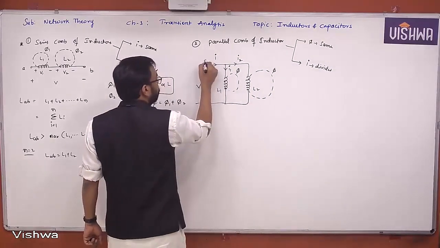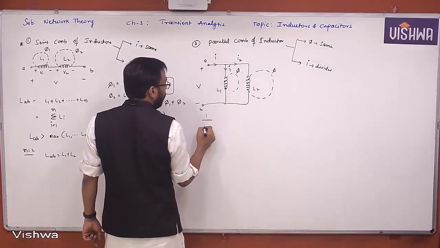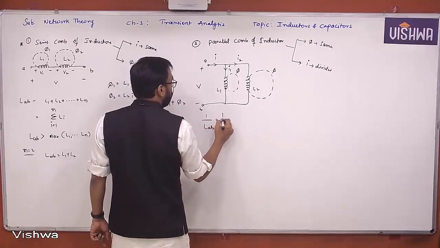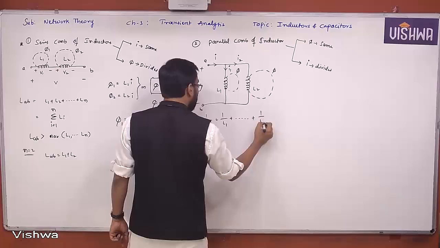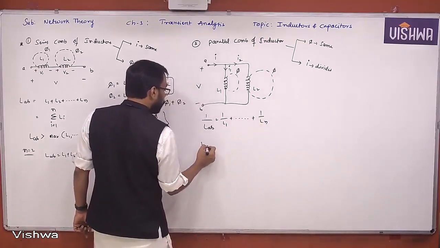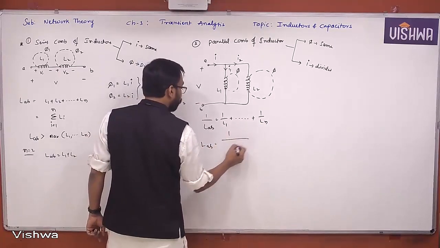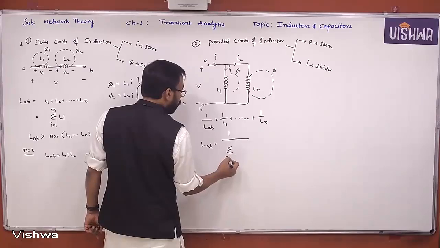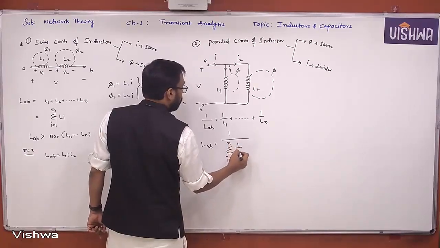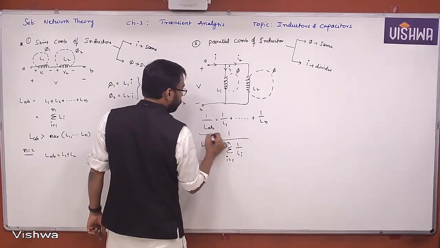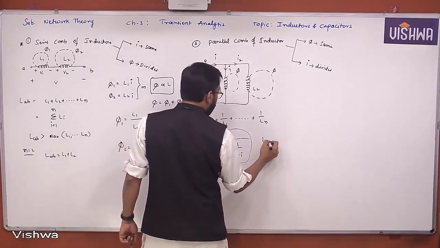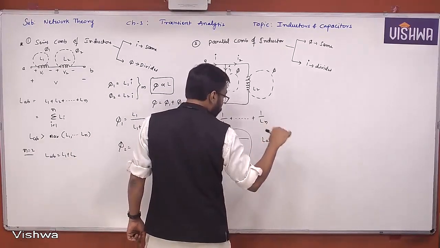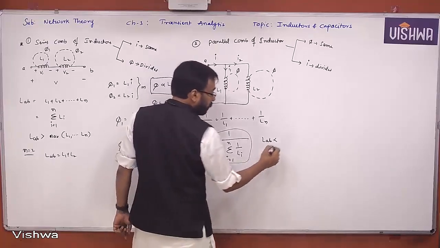Now LAB, 1 by LAB, yes or no? 1 by L1 plus and so on, 1 by Ln. LAB is nothing but 1 by summation i is equal to 1 to n, 1 by Li. The effective inductance value gets decreased when inductors are connected in parallel.